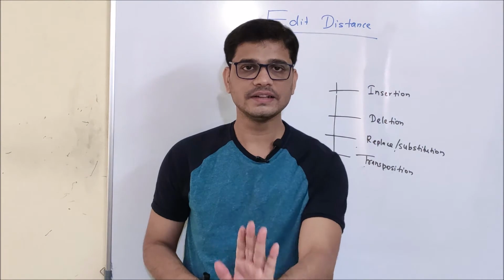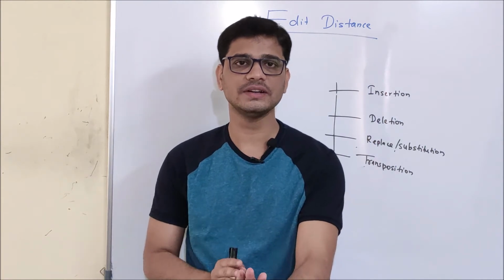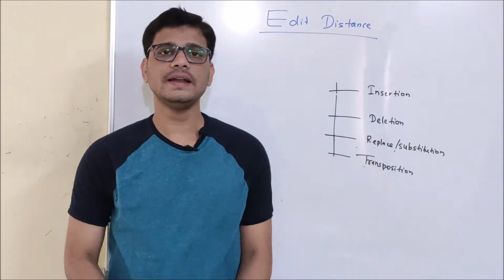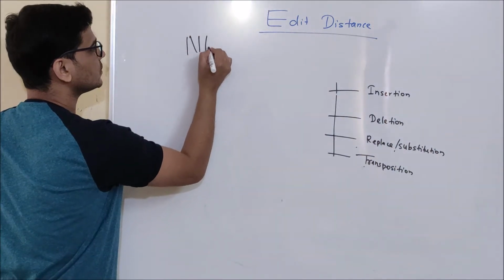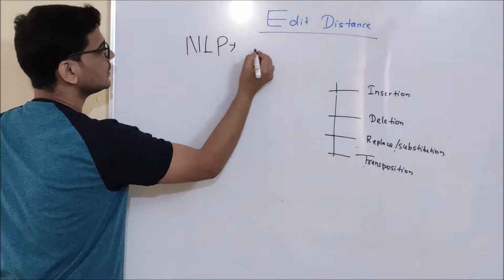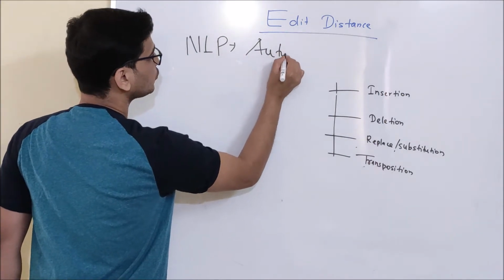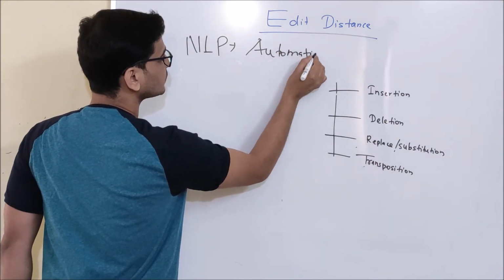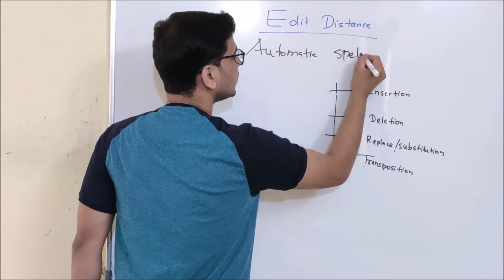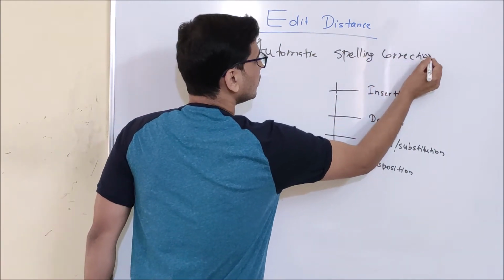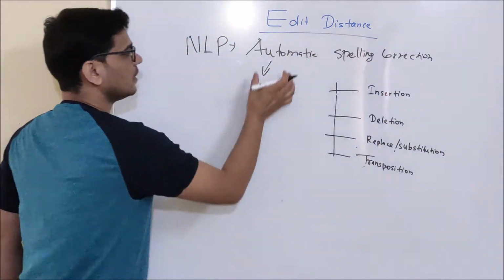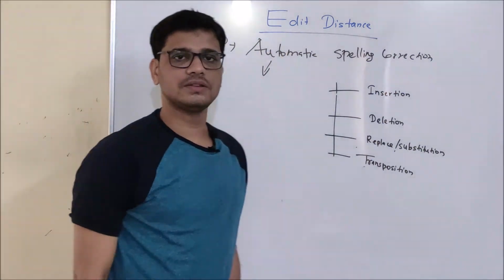Before understanding what these operations are, let's understand its application. It has application in lots of areas. Natural language processing, and in natural language processing, one of the examples is automatic spelling correction. How important is this particular thing for us?